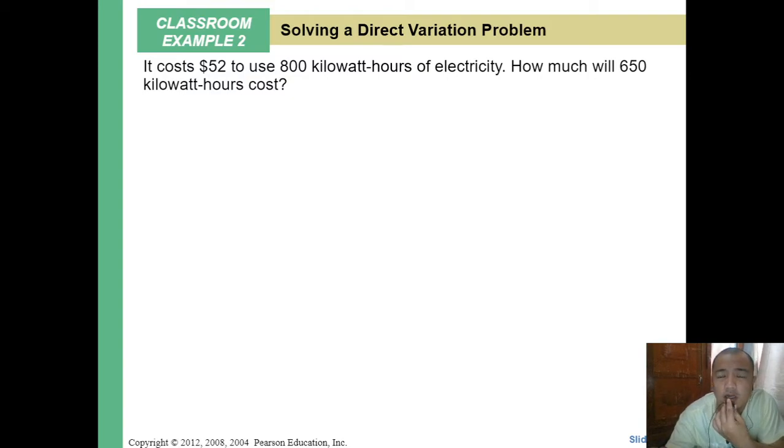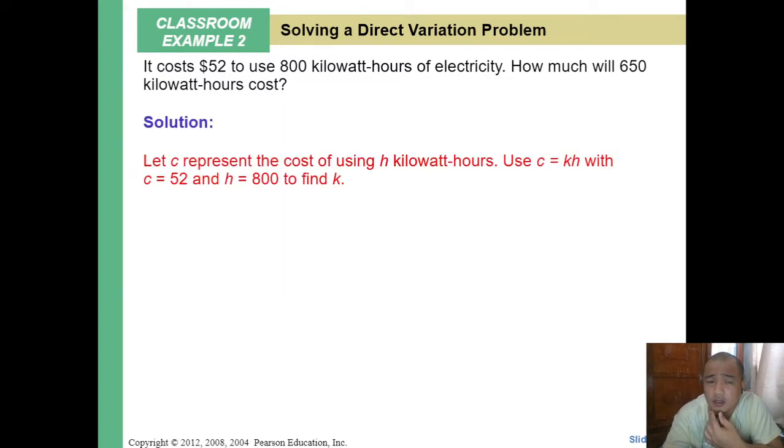Now, another direct variation problem. It costs $52 to use 800 kilowatt hours of electricity. How much will 650 kilowatt hours cost? Direct variation again. Let's see, represent the cost of using H kilowatt hours using C equals kH, with C equals 52 and H equals 800 to find k.